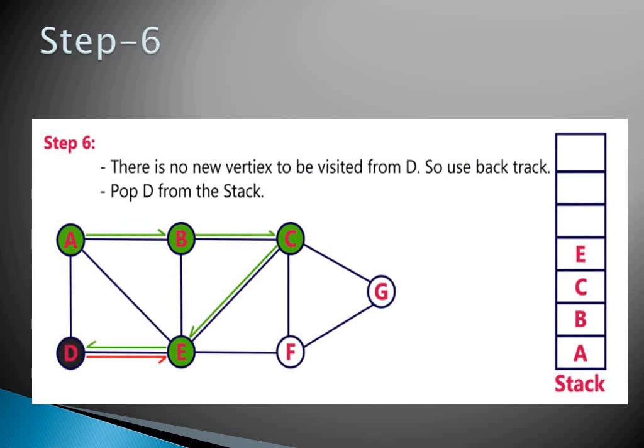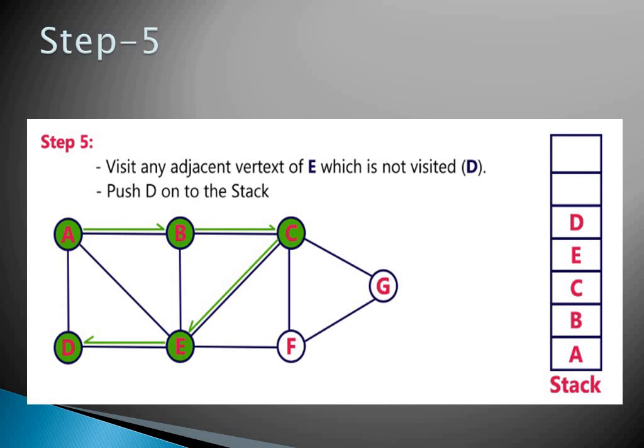Now step number 6. The question is, in the earlier step I said you have to apply backtracking once you reach the dead end, because at this point there is no other non-visited vertex, right? So from here you have to apply backtracking, and once you apply backtracking, that particular vertex will become black.